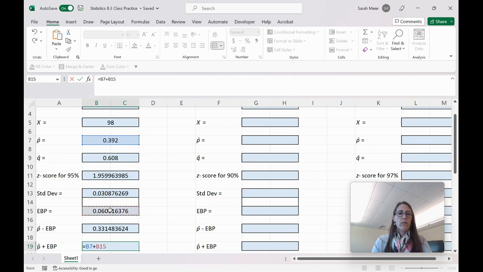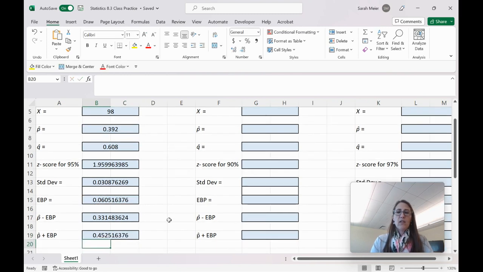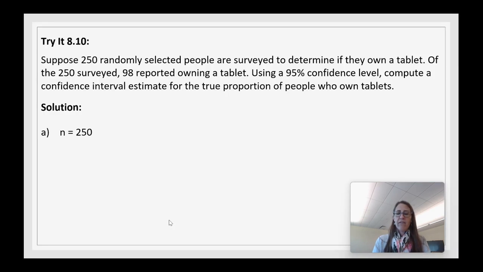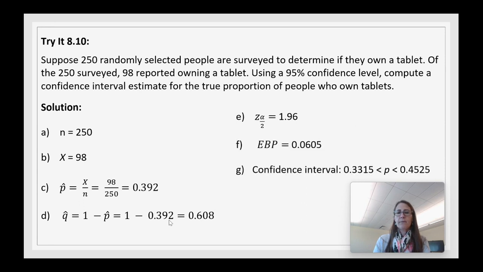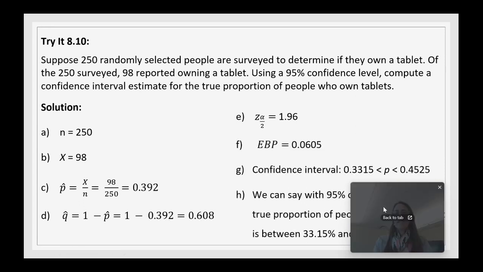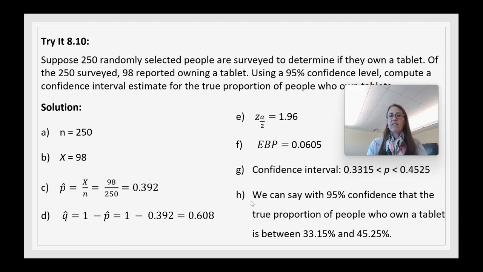I'm trying to always say the right words and do something at the same time. It's tricky. We get 0.33 and 0.45. So here we go, walking through the steps, just like we did it in Excel. We can say with 95% confidence that the true proportion of people who own a tablet is between 33.15% and 45.25%.